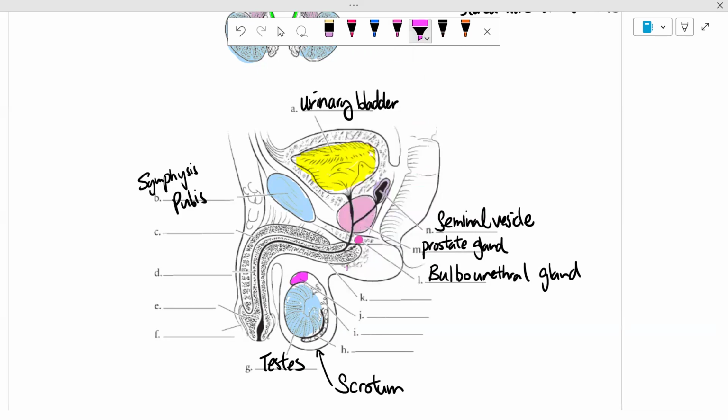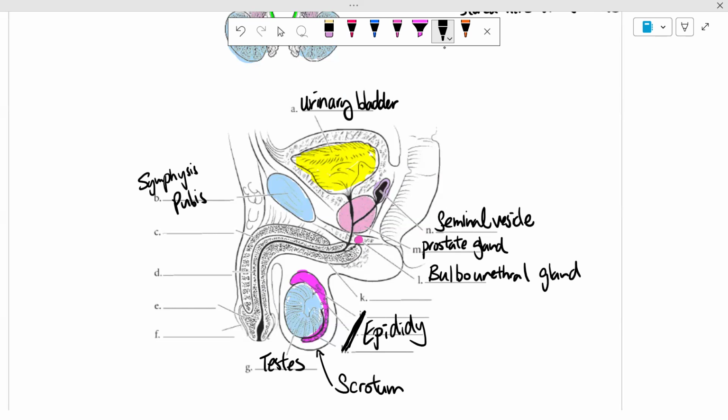Okay, we have this thing right here. It has different names for each of the parts. Okay, I'm just gonna cross them out, and we're just gonna call it the epididymis. Epididymis.